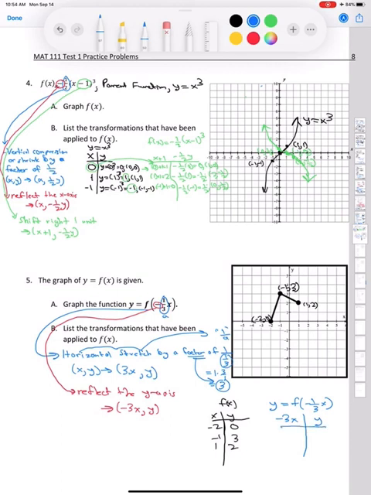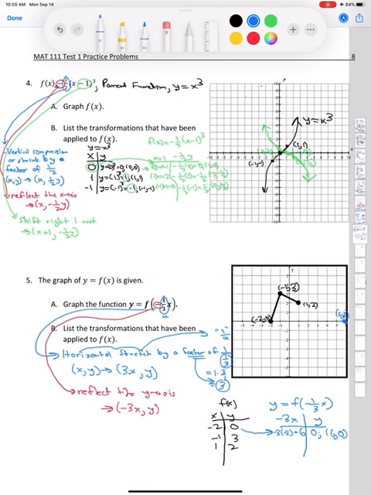So for (-2, 0), -3 times -2 is a positive 6, and the y-coordinate is again 0. That gives you the point (6, 0), so we can plot 6, 0.